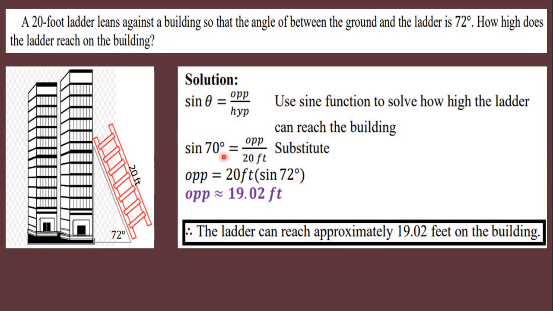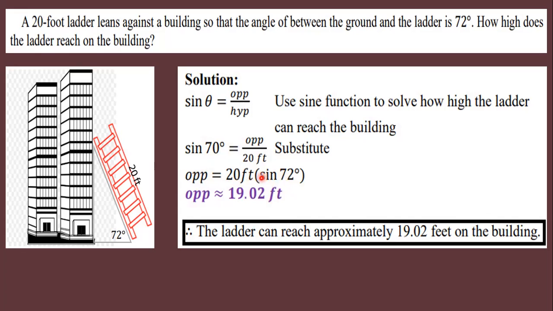Okay, I'm so sorry. It's a typo. So this is sine 72. And then we manipulate them. Therefore, opposite is equal to 20 feet times sine 72. You can solve for sine 72 first and then multiply it by 20 feet. That is 19.02113033. And opposite is approximately 19.02 feet.